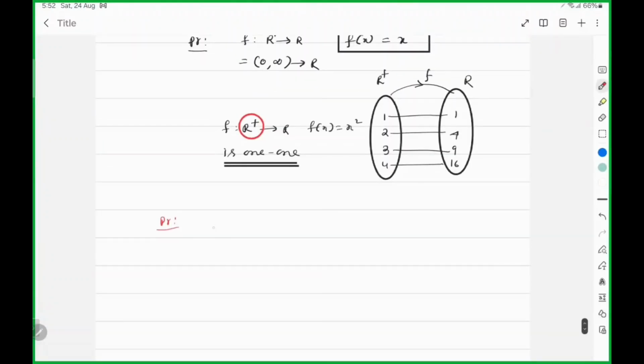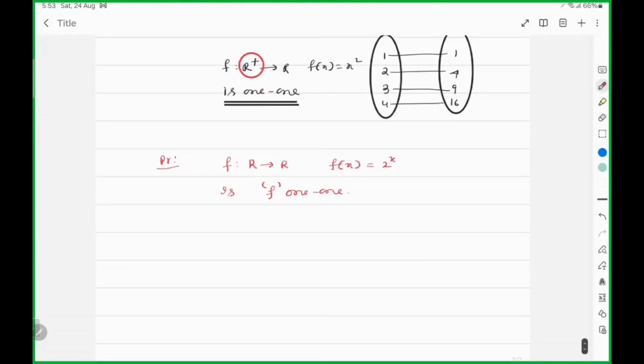Next, one more example. f maps from R to R, f of x is 2 power x. Is f one-one? Generally, how do we check? The domain, the real numbers, is an infinite set from minus infinity to plus infinity.